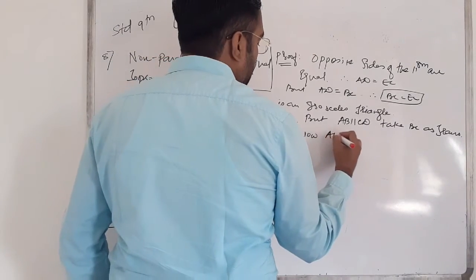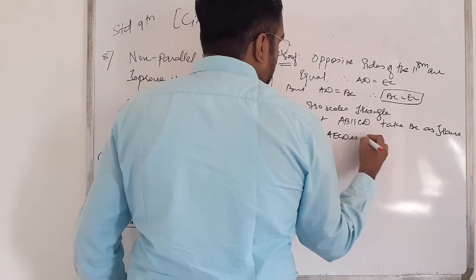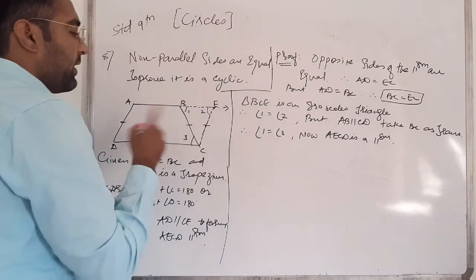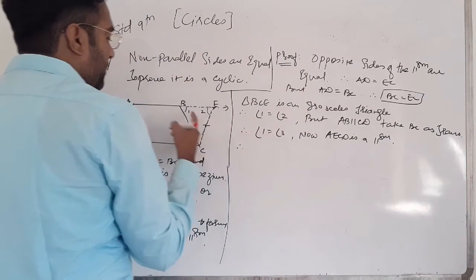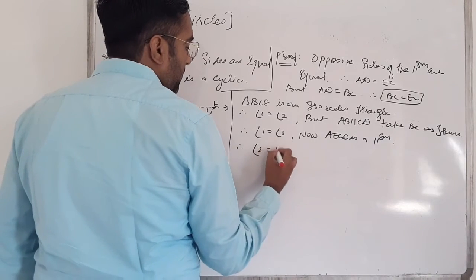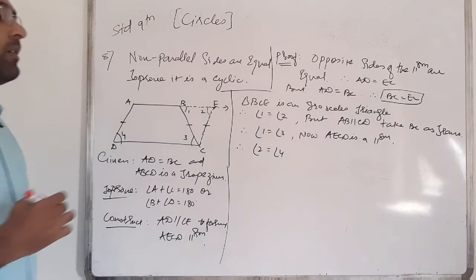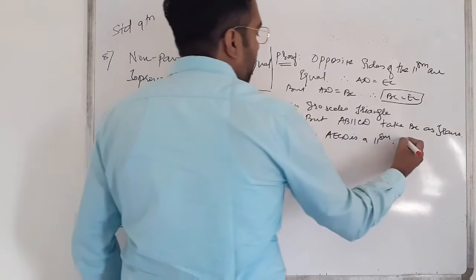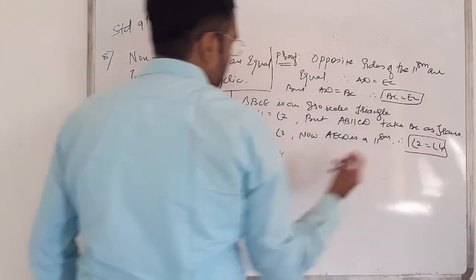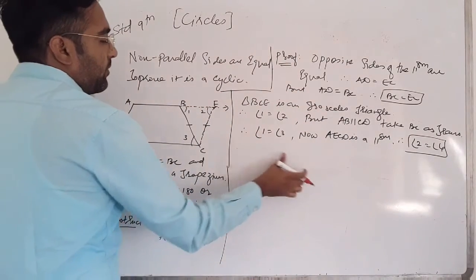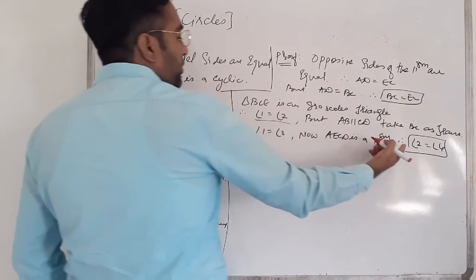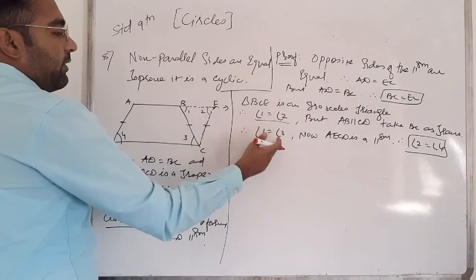Now AECD is a parallelogram, therefore its opposite angles are equal, therefore angle 2 is equal to angle 4. So angle 1 is equal to angle 2, angle 2 is equal to angle 4, and angle 1 is equal to angle 3.